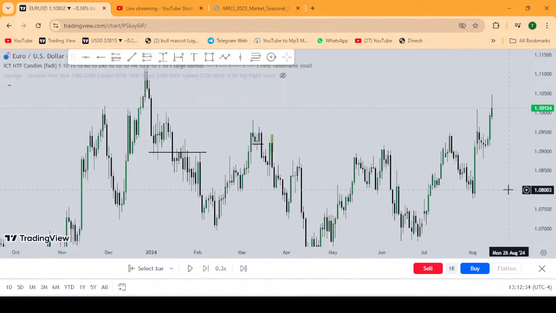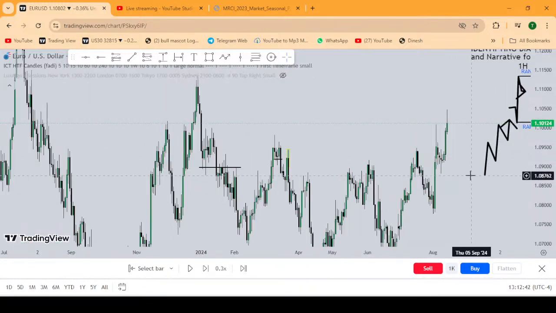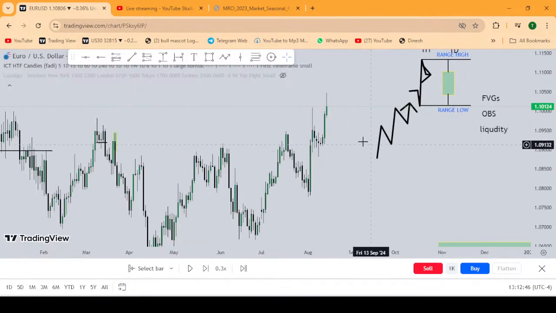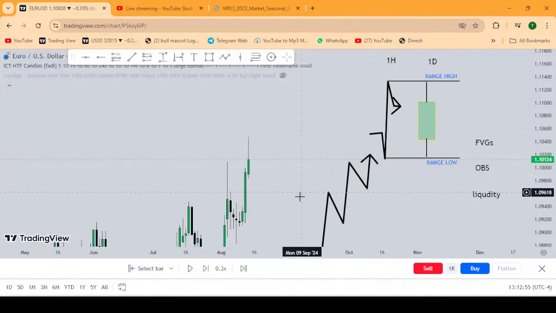So that means we want to focus on buying price to the upside more than selling it. We still have liquidity up here, so price is still pushing, and also higher time frames are showing buys. We also have liquidity up here. So now we want to use FVGs, order blocks, and liquidity sweeps to continue the buys upside, and that is what's going to give us the bias.